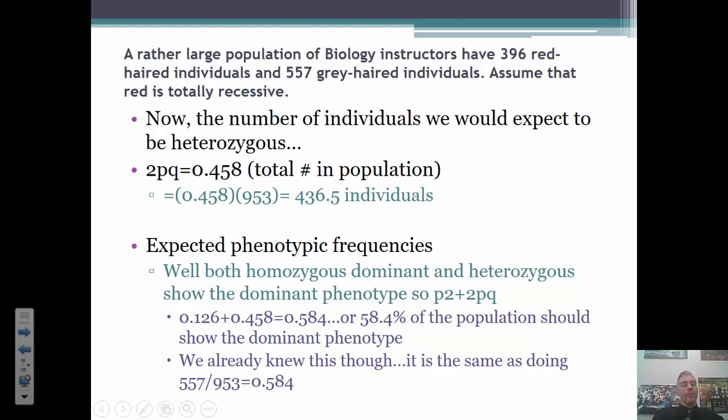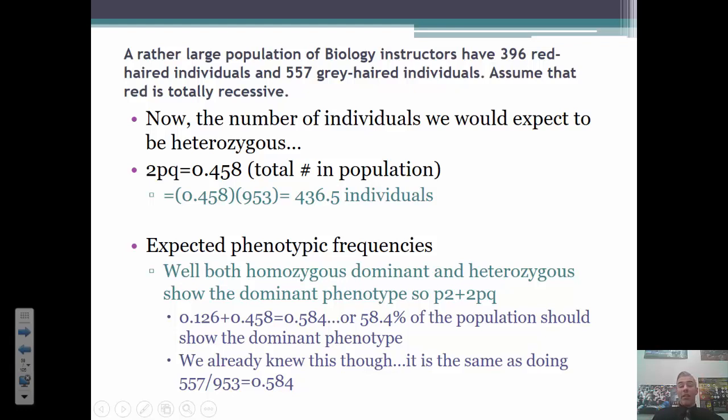For the expected phenotypic frequencies, all we have to do is figure out the homozygous dominant and heterozygous together, which show the dominant phenotype, right? Because big T, big T, and big T, little t all show the dominant trait. So we take our P squared plus our 2PQ frequencies, so 0.126 and 0.458, and you get 0.584, or about 58.4% of the population should show the dominant phenotype.